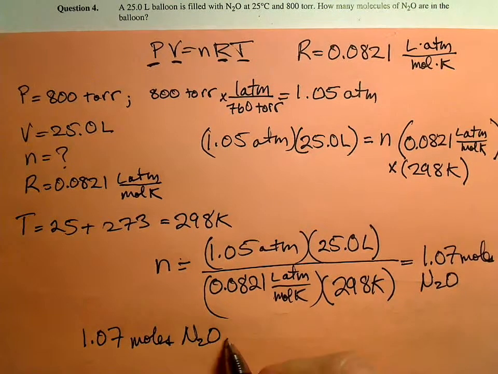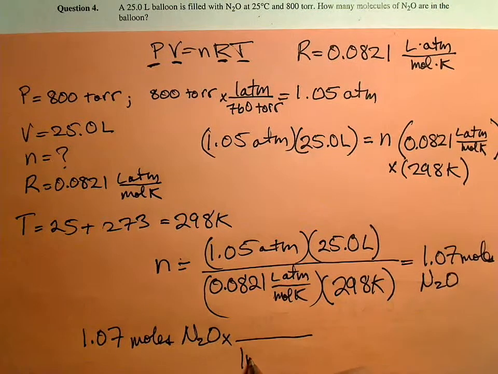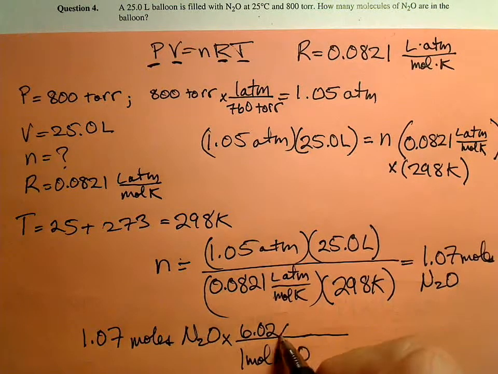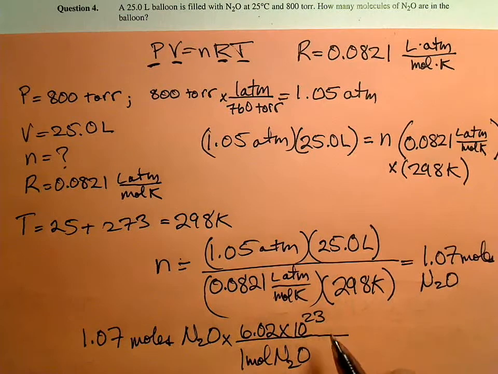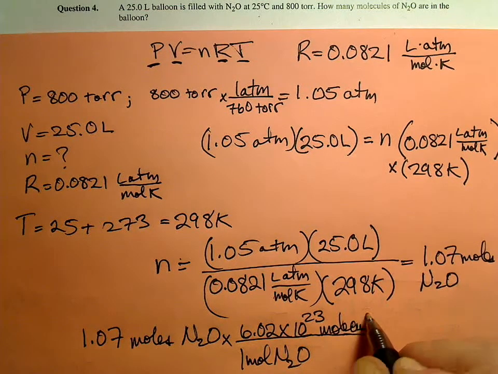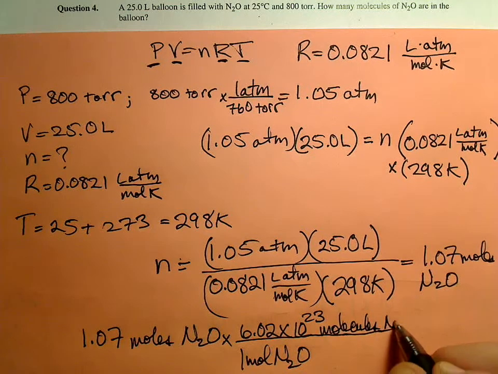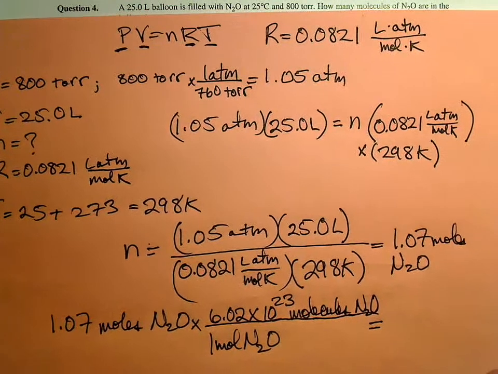And what's the relationship? Oh, we know that 1 mole of N2O contains how many particles? In this case, molecules. Avogadro's number. And that whole thing is equal to a large number.